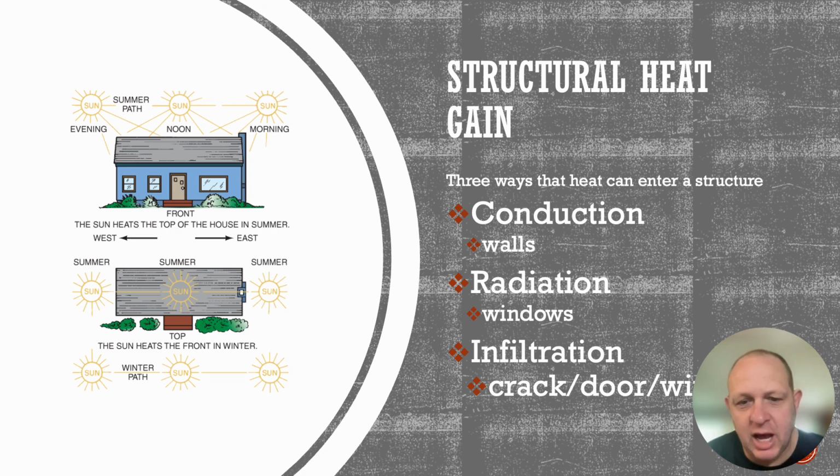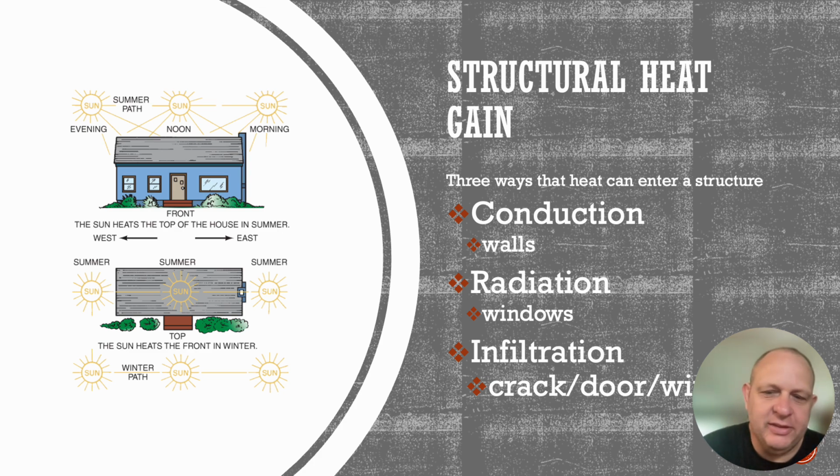Now we're bringing in hot, moist air into that structure, so we're going to have to condition that, and if we can avoid bringing that air from the outside into the inside without conditioning it first, then we're going to have a better opportunity to provide that comfort that the occupants are looking for.